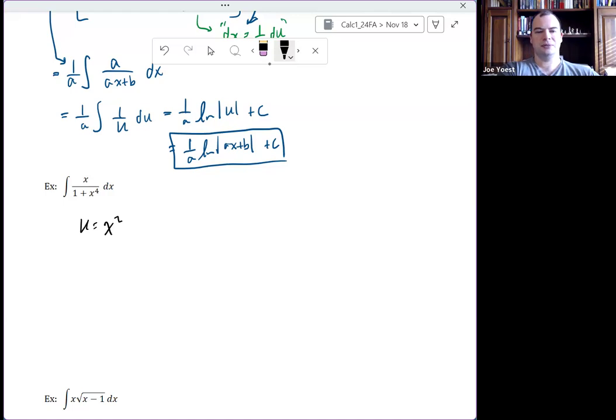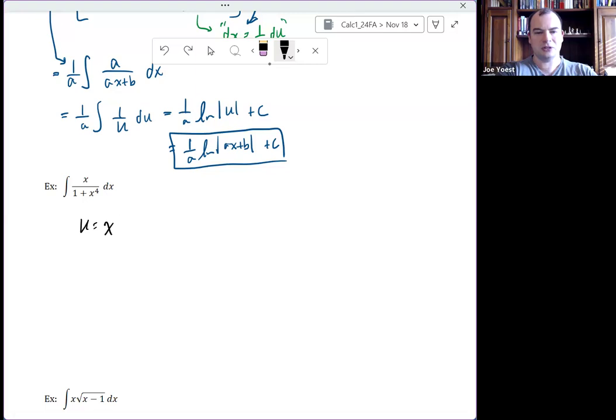What if u was x squared? I know u being 1 plus x to the fourth isn't going to work, because that means that I need an x cubed dx for my du, and I only have an x dx. But if I consider that constraint that I only have an x dx, if I let u be x squared, does that help at all?